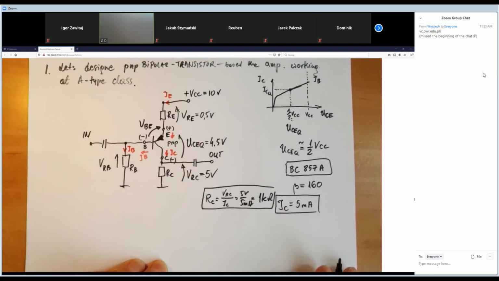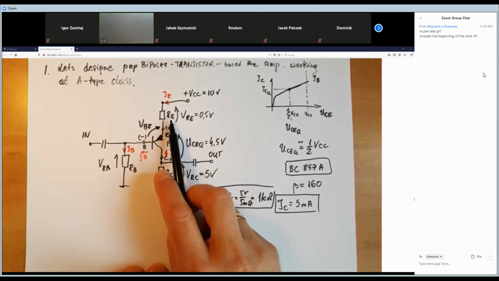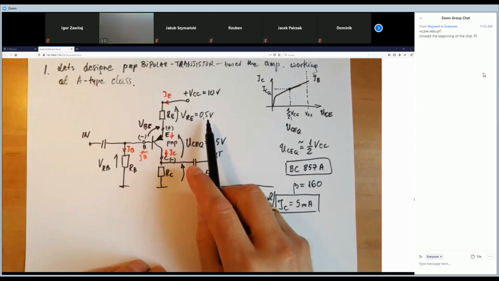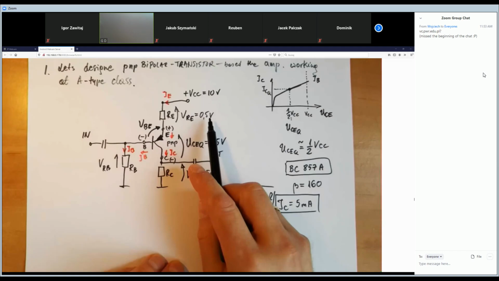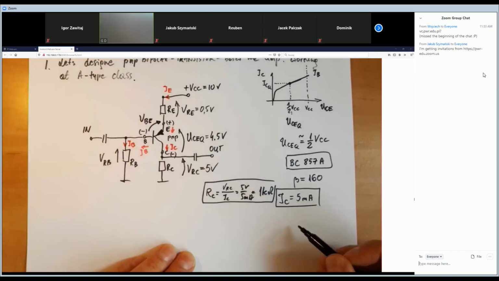All right. What about the RE value? We chose that the voltage drop on it should be 0.5 volts. However, we have to find the current IE. As you know, the current IE is in fact IC plus IB. We know the IC, we know the beta.